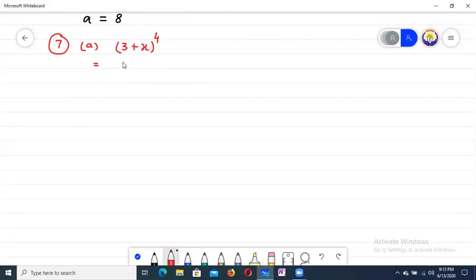Okay, in the expansion, as the index is 4, the total number of terms will be 5, one more than the index.